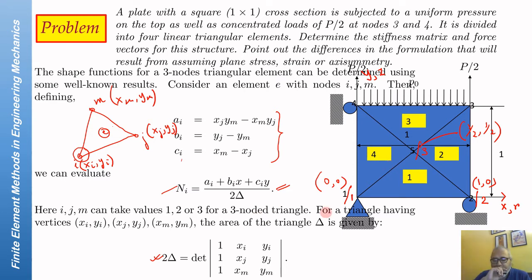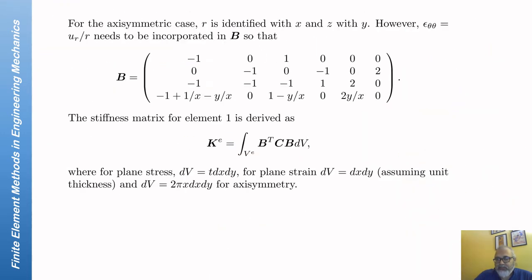Now in an axisymmetric problem, we do a small addition to the B matrix, and it is this. In plane stress and plane strain cases, our epsilon is epsilon xx, epsilon yy, and 2 epsilon xy.